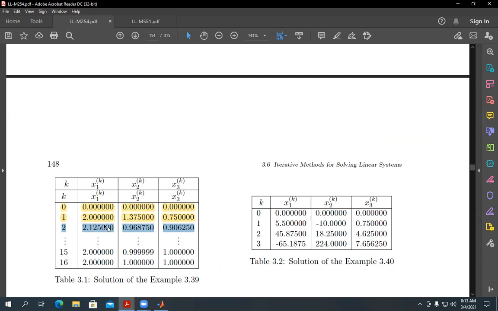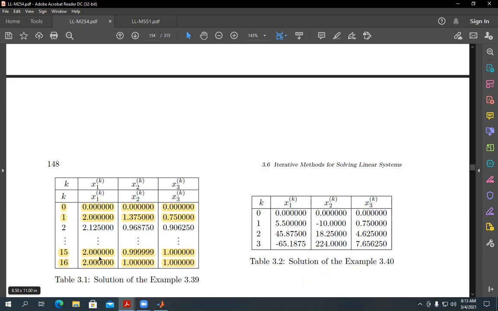Then you check the difference again: if it is less than 10 to the power minus 6, stop, otherwise continue. No, it is not less than, so we have to continue. We continue up to 16 iterations, and we stop here because the difference between the 16th and 15th is less than 10 to the power minus 6.